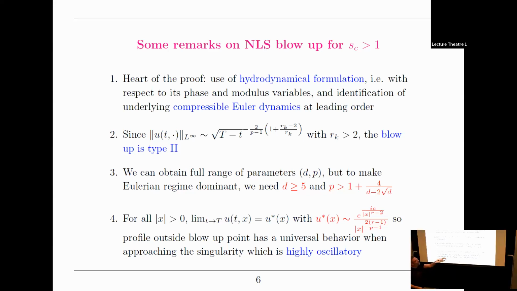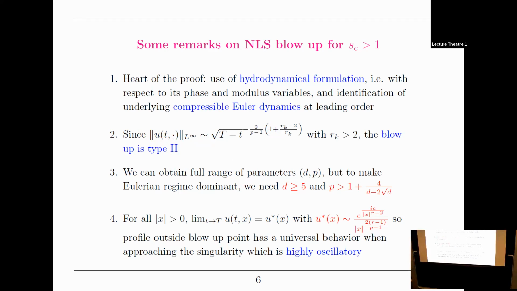Here, you blow up faster than self-similar, since Rk is larger than 2. So this is type 2, in the sense that it's not self-similar, it's faster. And of course, that's an important feature. If you want to see the compressible Euler dynamics, this would be necessary to have type 2.